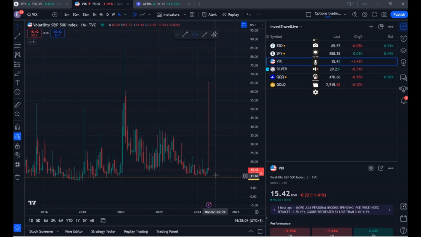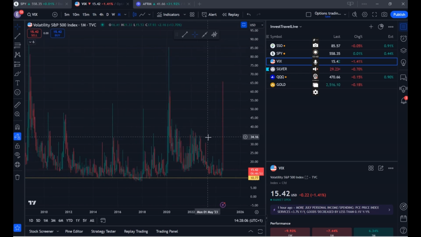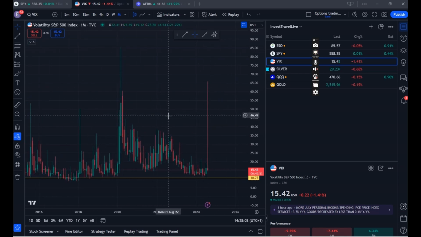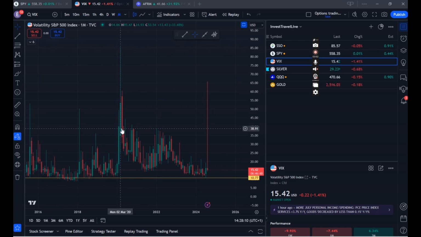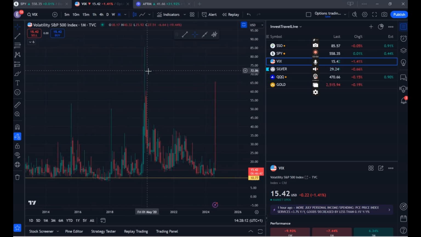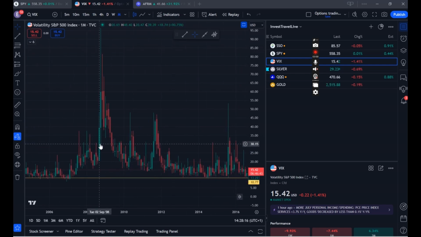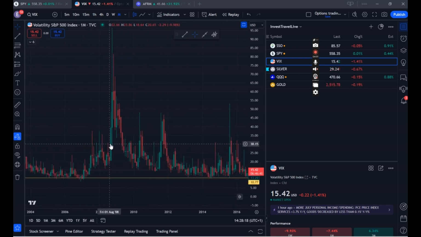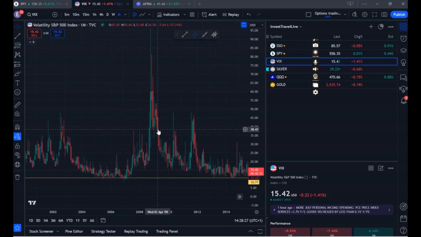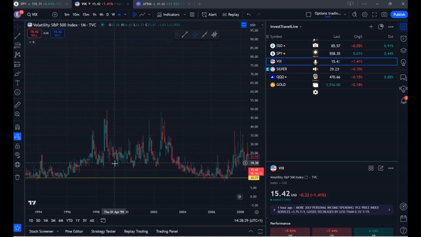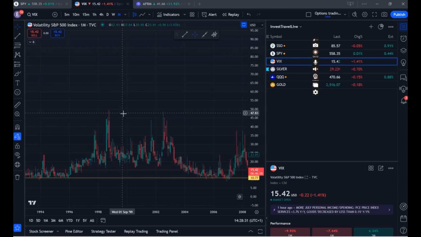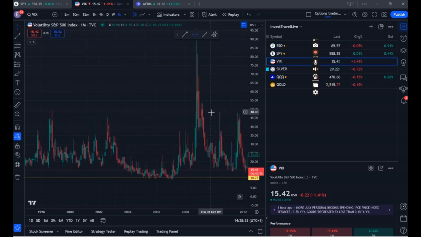These spikes happen in a very short period of time, sometimes like 2 months, because we're on the monthly chart, so each candle is 1 month. For example, in 2008 it went from $20 up to $100 in 2 months, so that's a 5x return. Even here, from 20 to 50, in 2000.